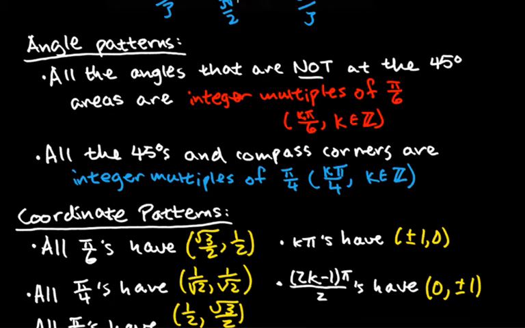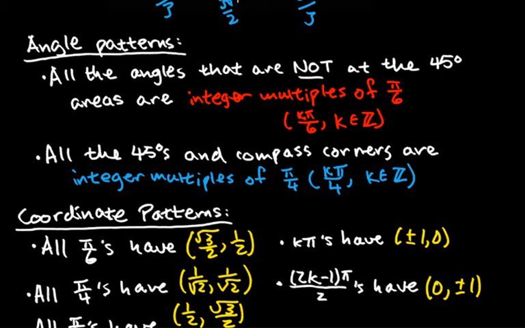Remember, we've gone over that in class before. And then all of the 45-degree areas, those markers are all pi over 4s. And compass corners, that just means up, down, side, side, because north, south, east, west. That whole thing. So the x and y axis, basically. Those are all integer multiples of pi over 4.